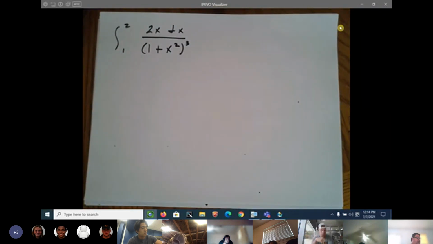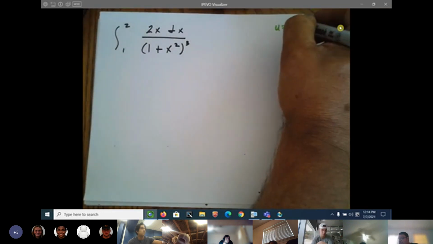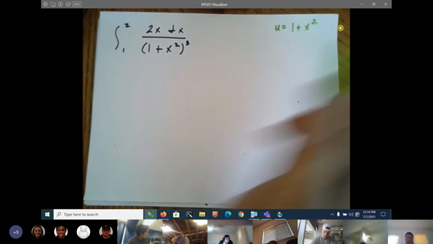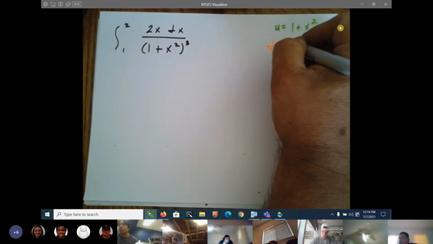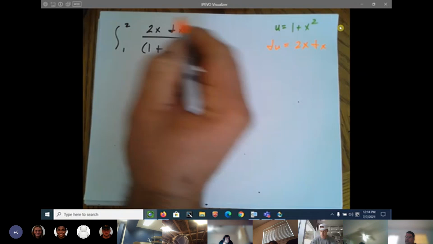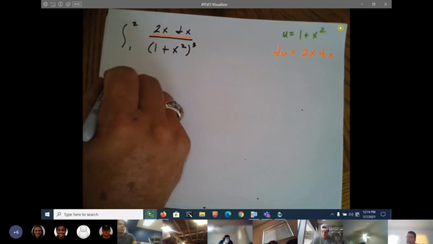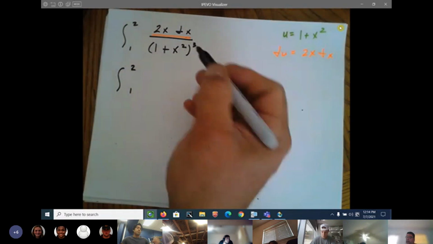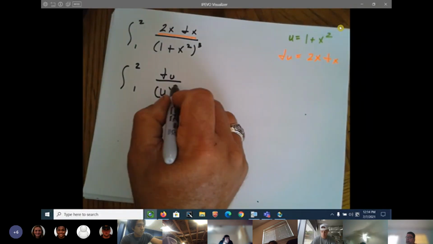And I think everybody knows that u is going to be equal to 1 plus x squared, and du is going to be 2x dx. We've got 2x dx, so we've got the antiderivative from 2 to 1 of du over u to the third power.